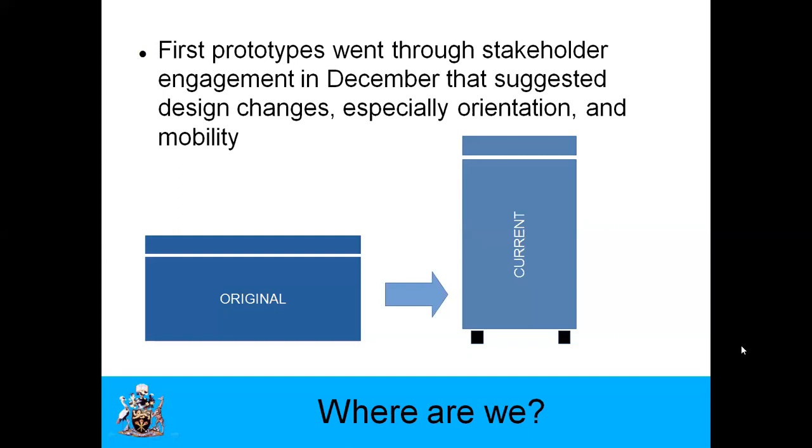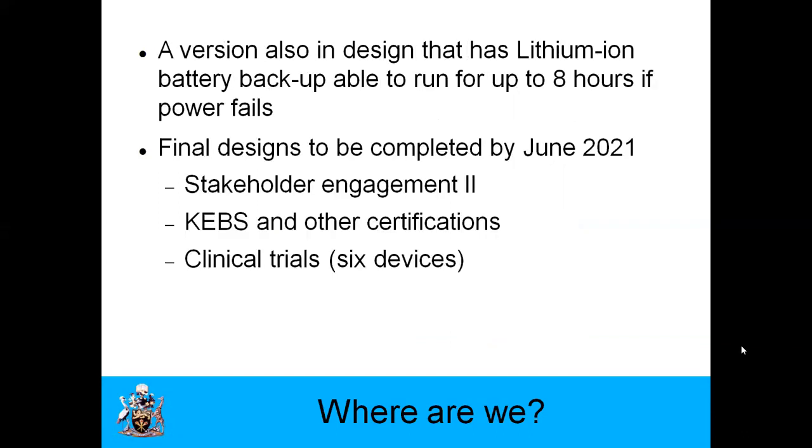In the current design, we literally just flipped it on its side to a large degree, and reoriented parts on the inside. It now has wheels on the bottom as well. So this is the current design that we are finalizing based on the design changes that were suggested from the stakeholder engagement in December. Next slide, please. I think it's the last one.